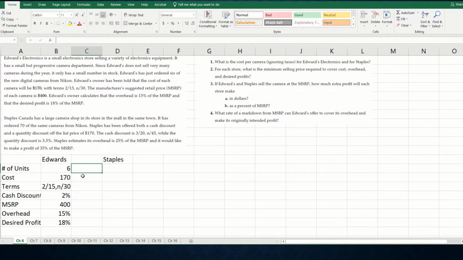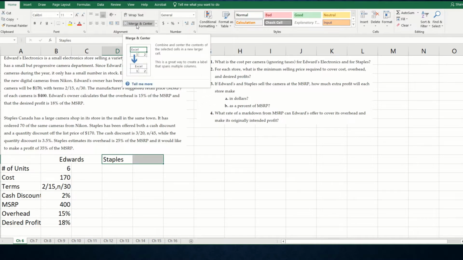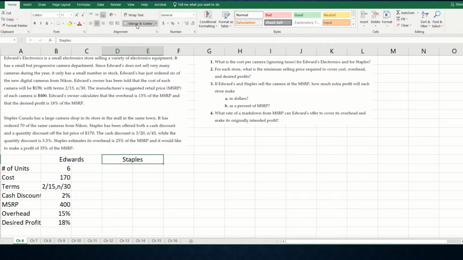Okay, so I'm going to do some calculations over here to just sort of figure out what the values are going to be. I'll just highlight that, and I'll use merge and center to just center my data right in there. And I'll carry on. So Staples, they have a large camera shop in the store.